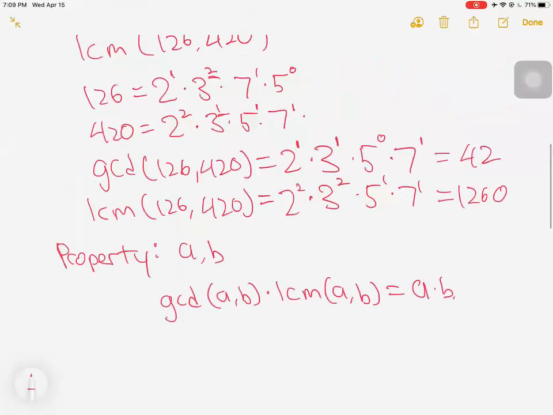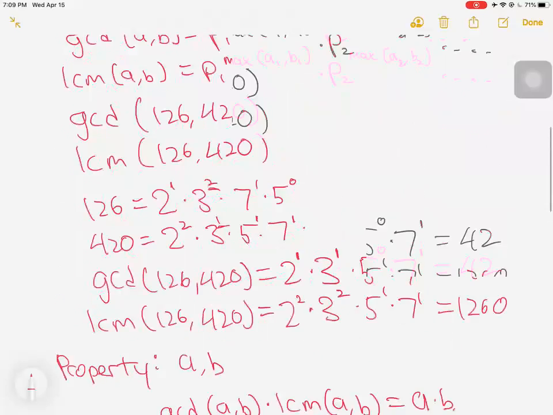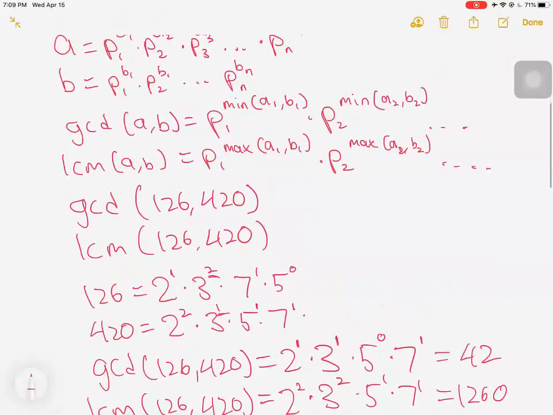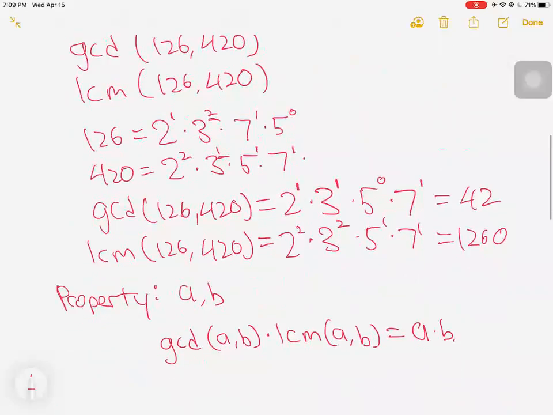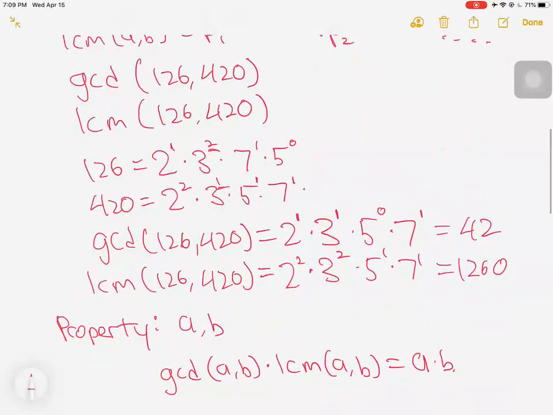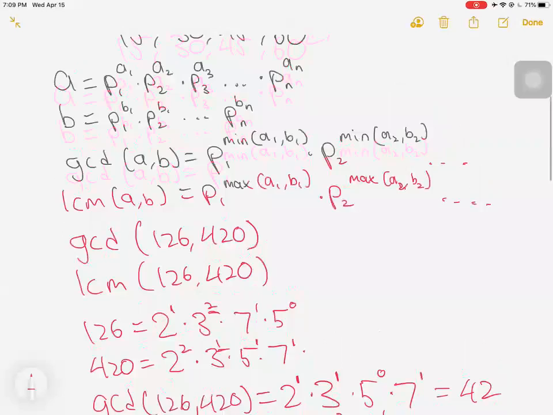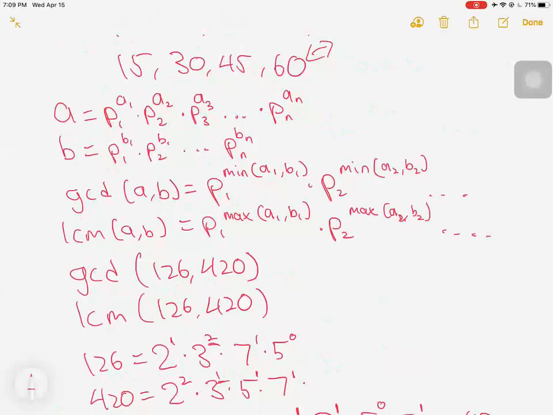And this can be easily shown by looking at the definitions. When we multiply the greatest common divisor and the least common multiple, we see that one of them has the min of A1 and B1, and the other one has the max of A1 and B1.